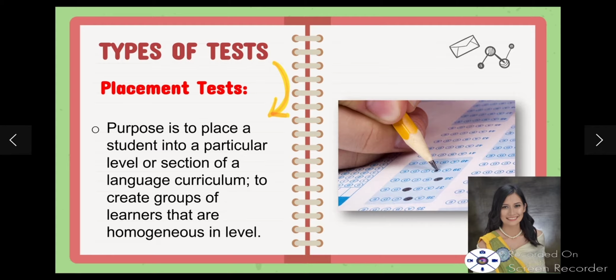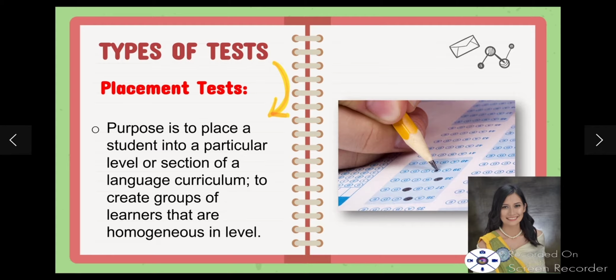Some proficiency tests can act in the role of placement. It usually includes a sampling of materials to cover in a course. Placement tests come in many varieties. I have listed 3 varieties here.